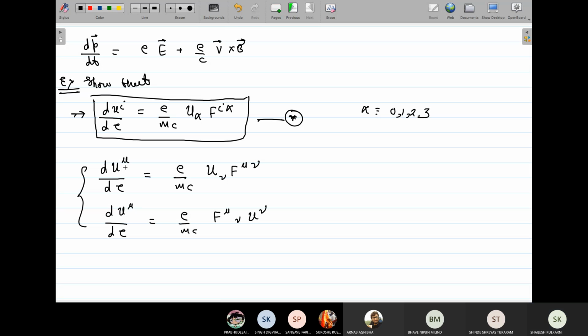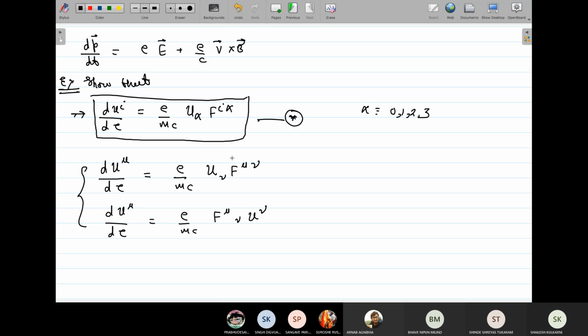We know these are Lorentz tensors and Lorentz vectors, or 4-vectors and 4-tensors, and we know how they transform under Lorentz transformation. So on both sides the Lorentz transformation will get implemented, and the central result will remain the same.